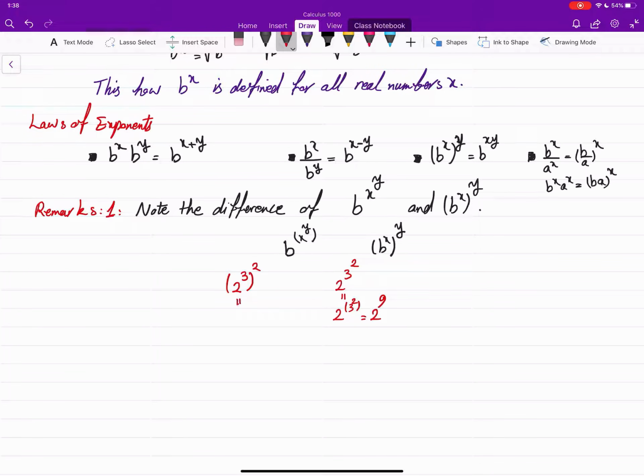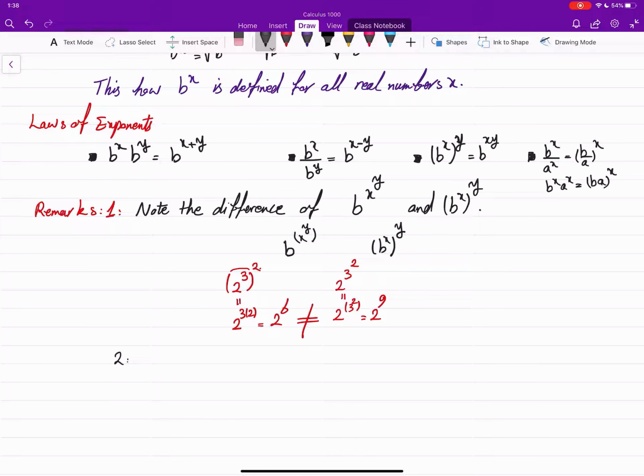However, this other one is an exponent of an exponential expression. So this is 2 to the power 3 times 2, which is 2 to the power 6. As you can see, those are completely different values or different numbers.